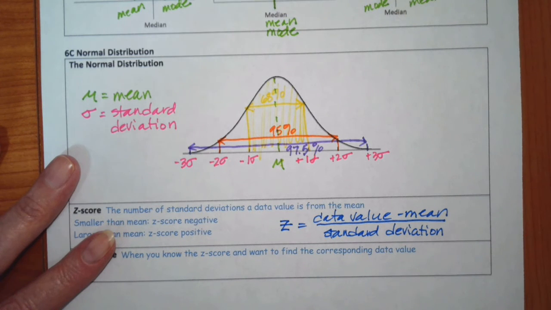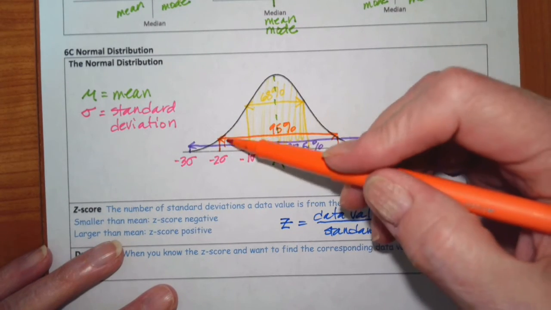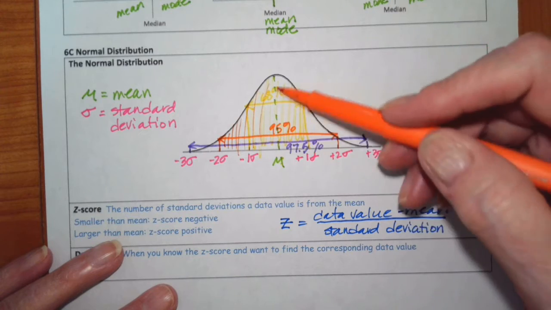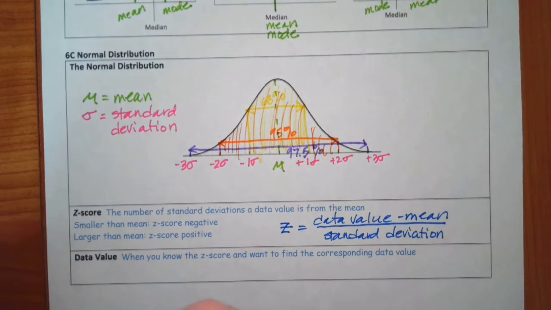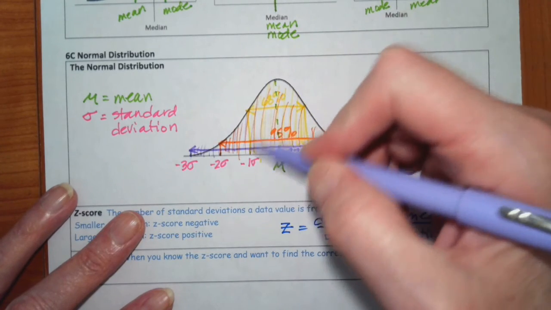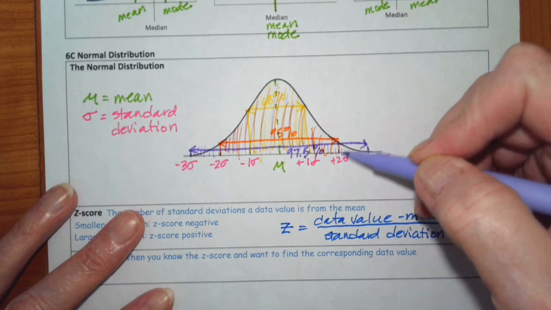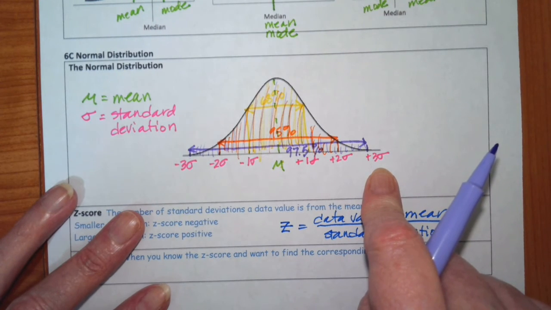Within 2 standard deviations, left and right, 95% of your data will be between those 2 values. And finally, 97.5% of your data will fall between positive and -3 standard deviations.